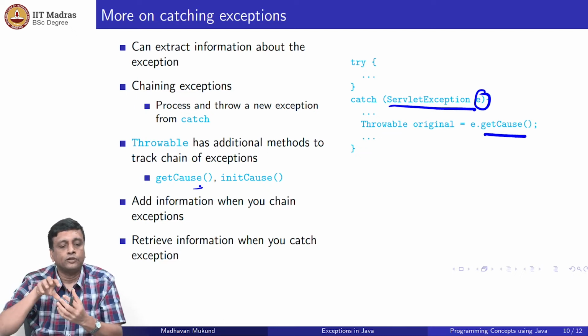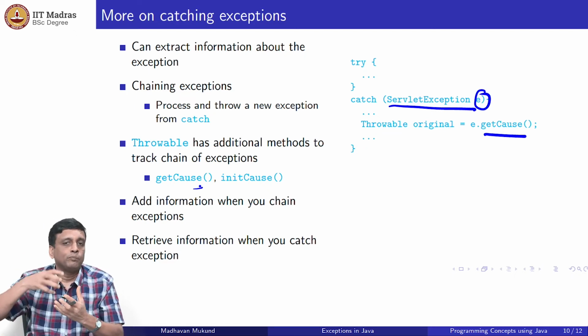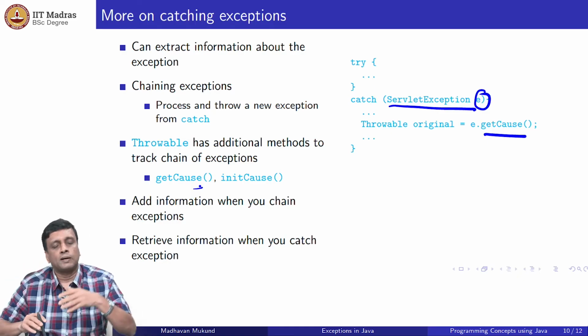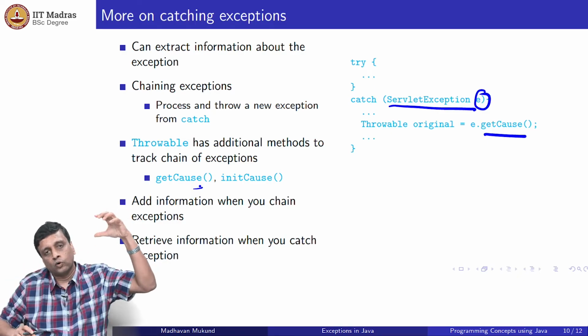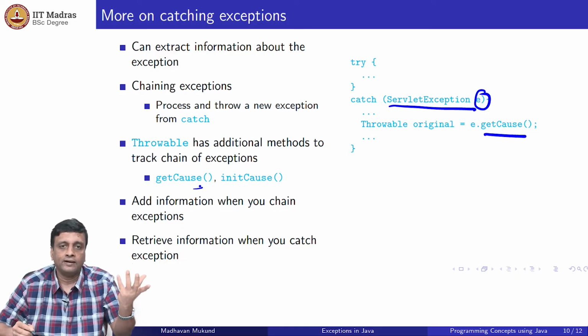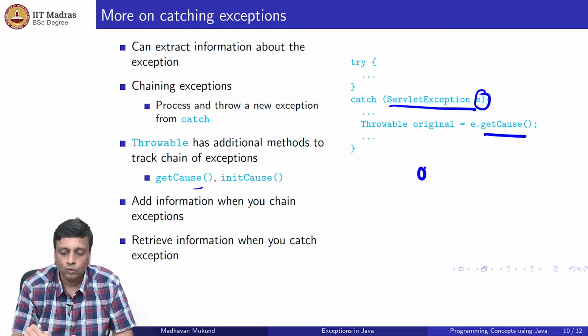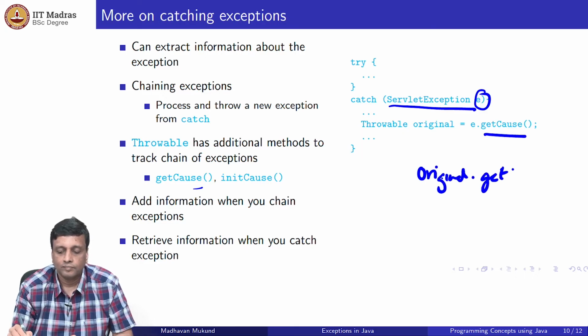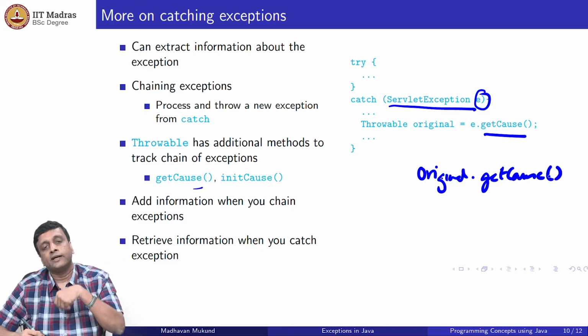So this is the idea of chaining. You can nest the errors one inside the other as you pass them up, so at the top level you can go down as many levels as needed. In particular, if the SQL error itself had another error, then I can look at original.getCause and find out whether the SQL error was generated by one more error.